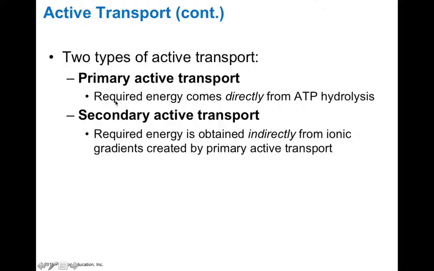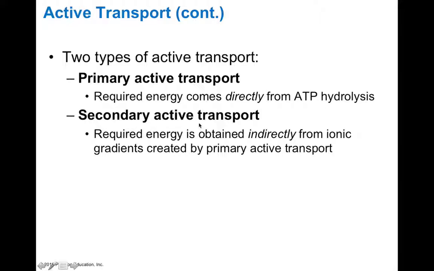Primary active transport is one which requires energy that comes directly from ATP hydrolysis. That's why it's primary, because you primarily use ATP in the most direct way to basically help transfer that chemical energy into more of a kinetic type of energy, and that way you can move a molecule from one area to another. Now, if you're using ATP directly, we call that primary active transport.